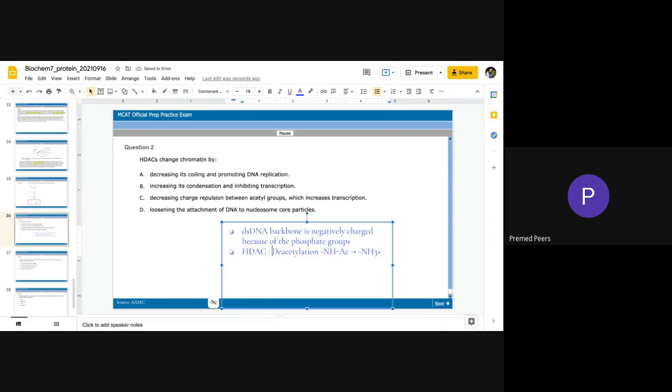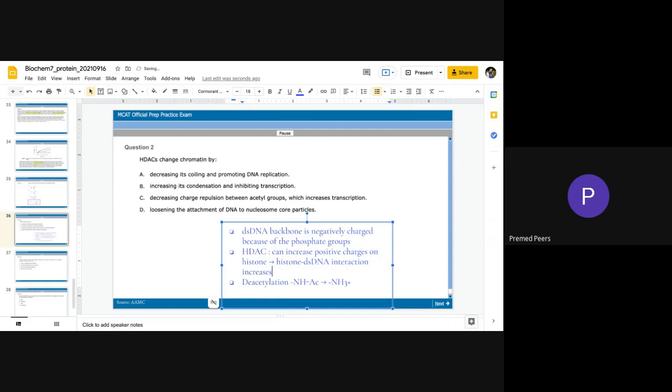So HDAC basically can increase the positive charges on the histone. What happens when you have more positive charge to interact with something that is negatively charged? It means that the interaction between the histone and the double-stranded DNA increases.